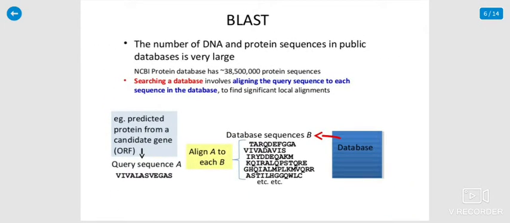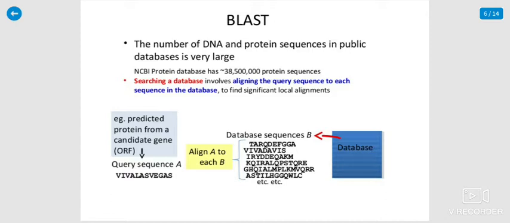The number of DNA and protein sequences in public databases is very large. The NCBI protein database has 38 crore 50 lakh protein sequences.